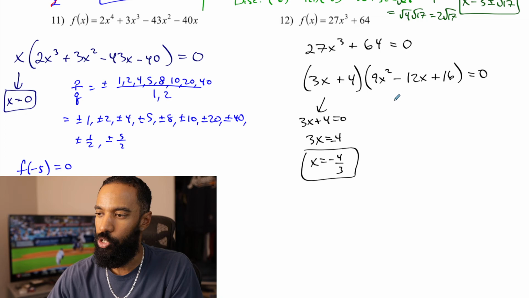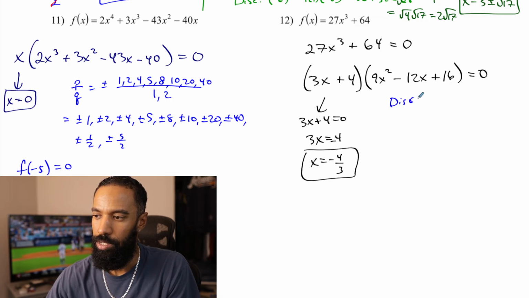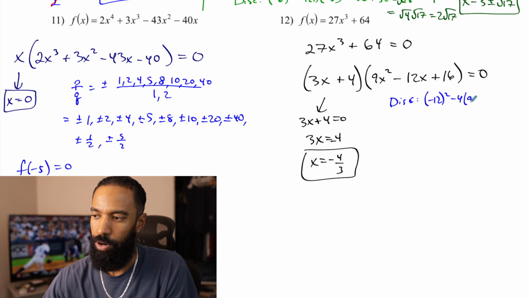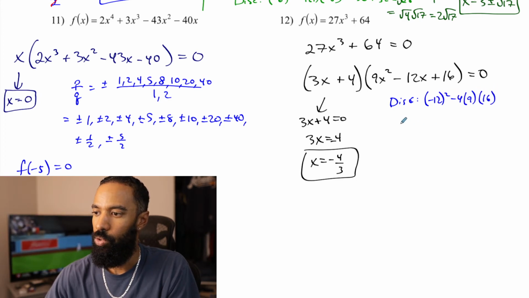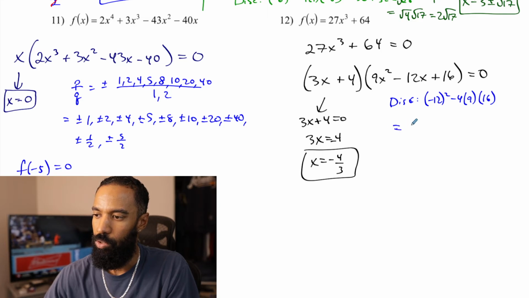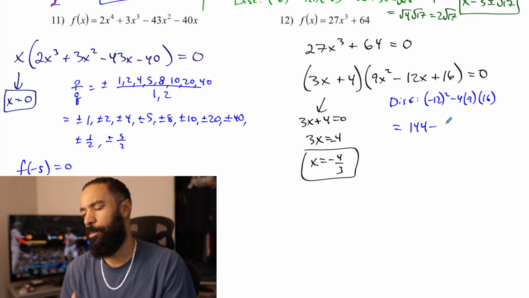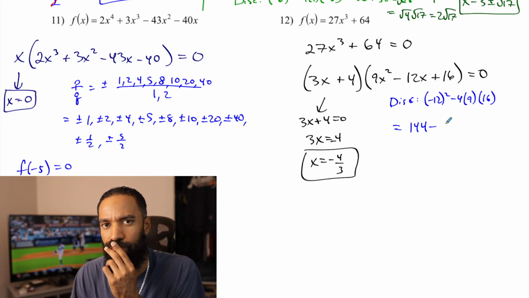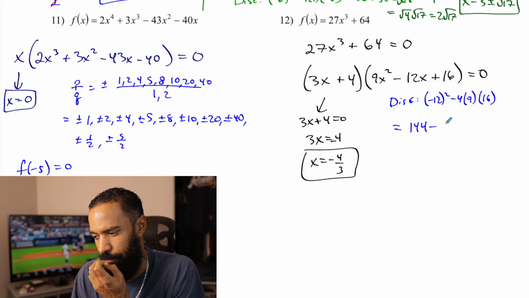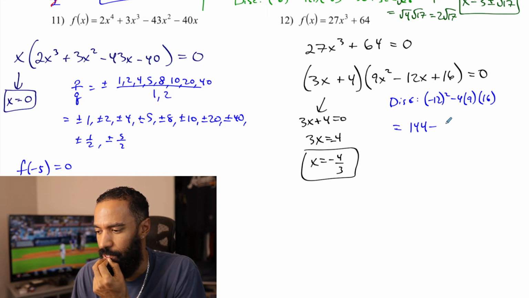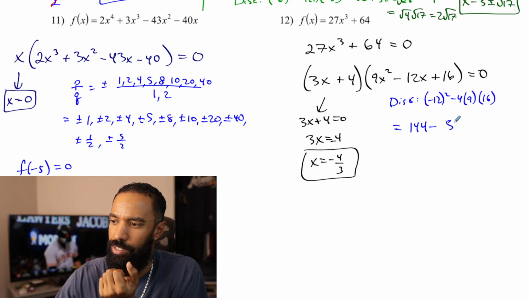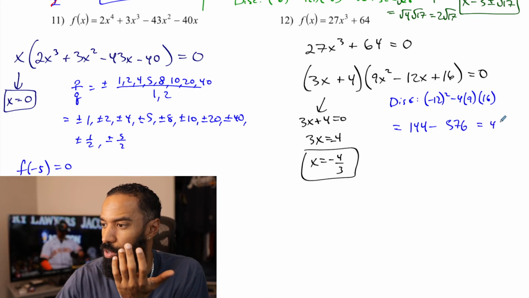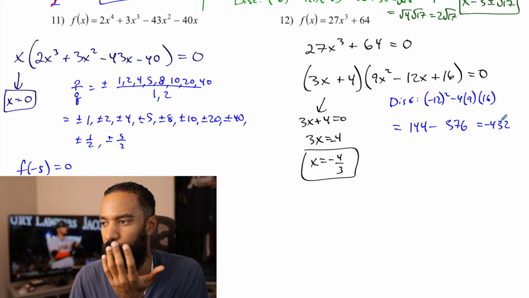So let's start with the discriminant portion, as that's not factorable, remember. It's b squared minus 4ac, which is 144 minus, let me go to the calculator, 64 times 9, 576, I think, which is negative 432.